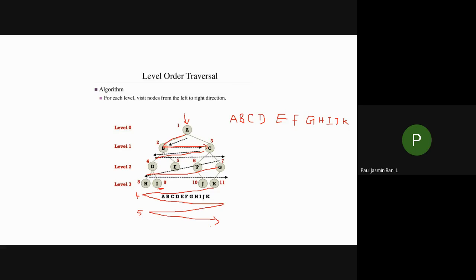If you see any type of tree data structure, they are implementing this recursive technique. So recursion plays a vital role. Next class I will explain how we use recursion and how exactly it works.